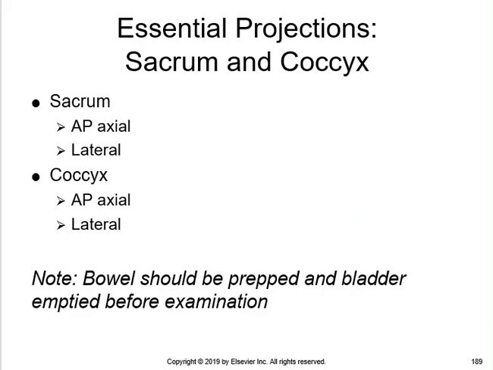And we're going to have some views of the sacrum and the coccyx as well. And really, if you remember back to when we were doing feet and toes, the similarity between the feet and the toes and the angulation on the feet and the toes were so similar that you might have had a tendency to confuse them. You're going to have a tendency to do the same thing here as well.